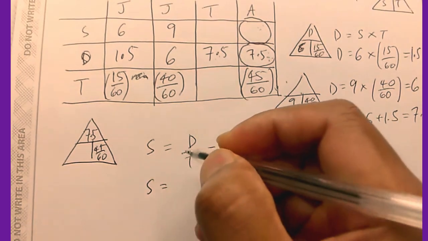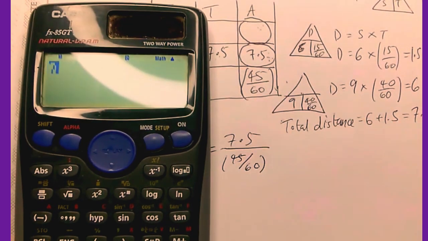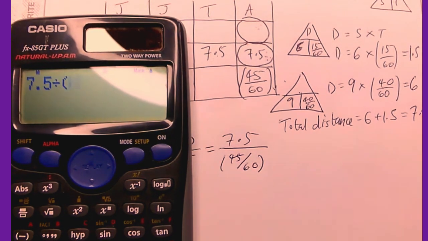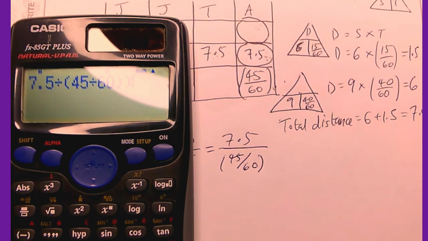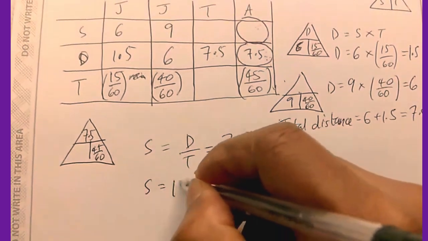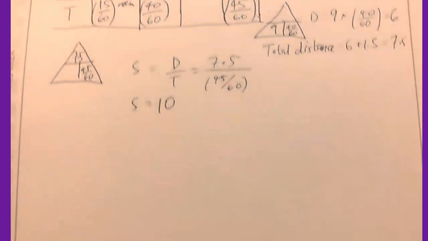So my speed equals 7.5 divided by bracket 45 divided by 60, close bracket. Gives me 10. So my answer is 10 miles per hour.